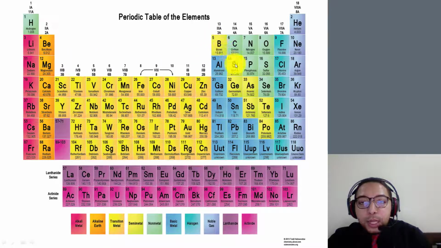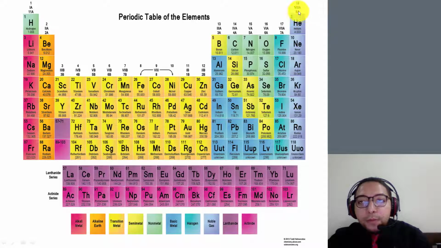Over here we have a ladder shape, the semi-metals, with some properties from metals and some from non-metals. The green, these few elements, are non-metals. And then over here, this is also a non-metal, but it's called the halogen because they are found in group 7.